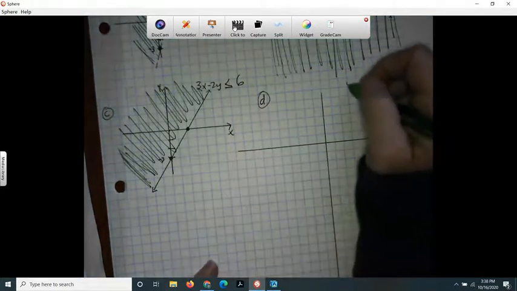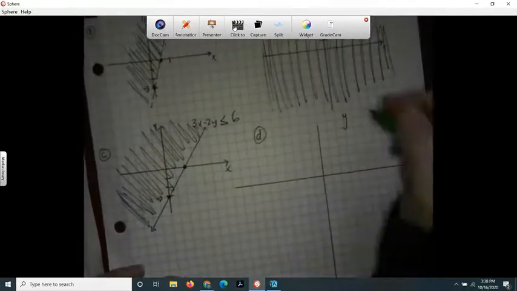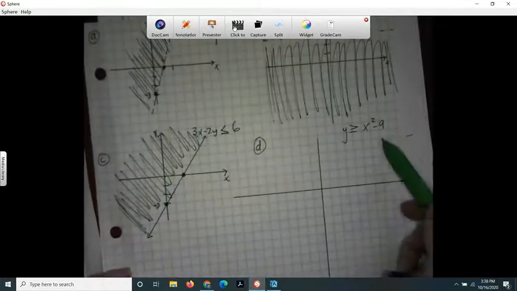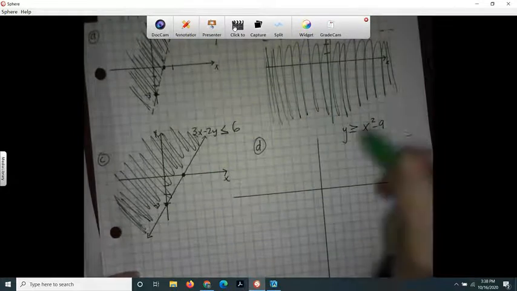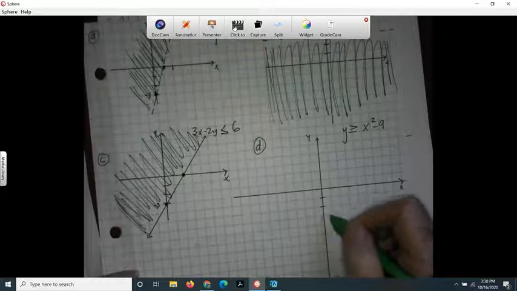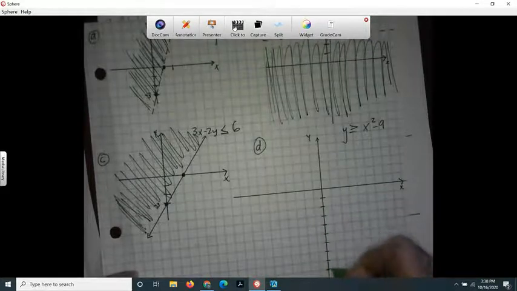So this is y is greater than or equal to x squared minus 9. So I'm going to get an intercept at negative 9 on the y-axis. 2, 3, 4, 5, 6, 7, 8, 9.